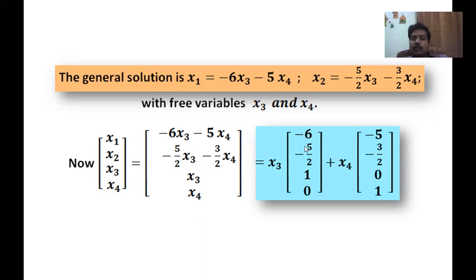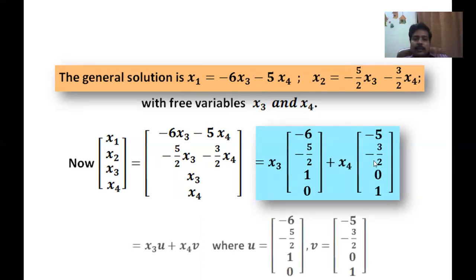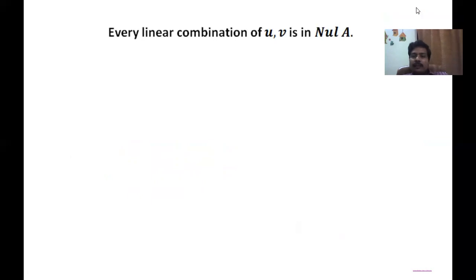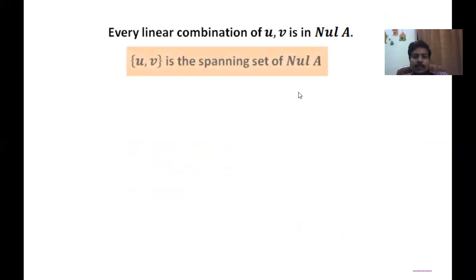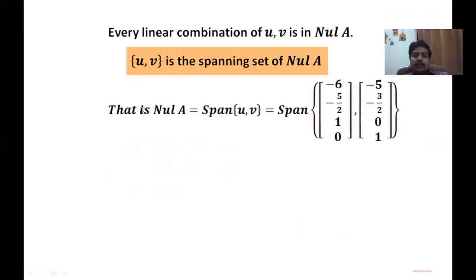Let us name them u and v. Then this can be written as x3u plus x4v, where u is the vector (minus 6, minus 5 by 2, 1, 0), and v is this one. Every linear combination of u and v is in null space A, as we have seen earlier, and u, v is a spanning set of null A. That is, null A is equal to the span of u and v.